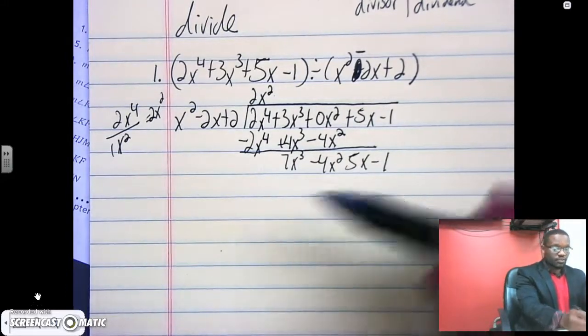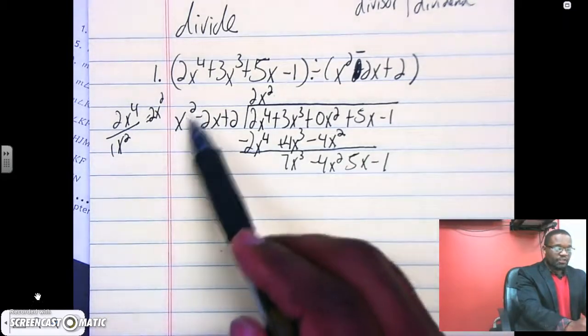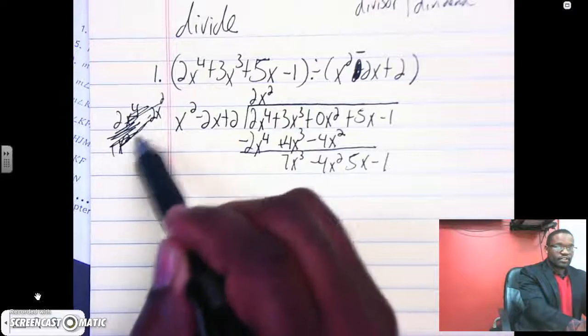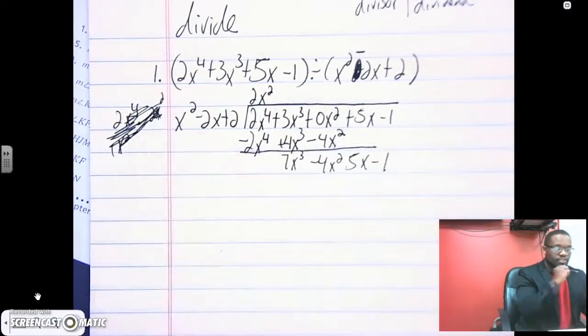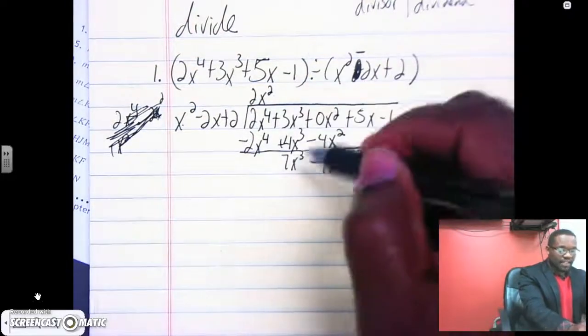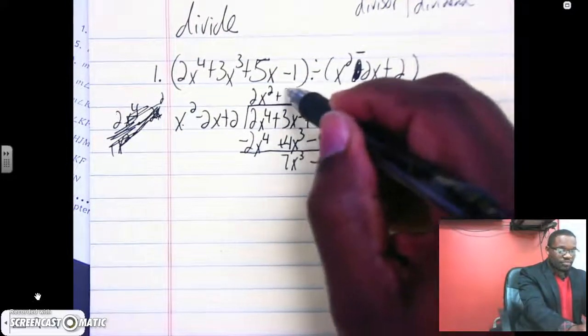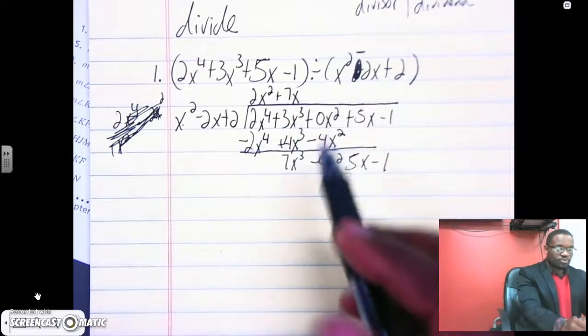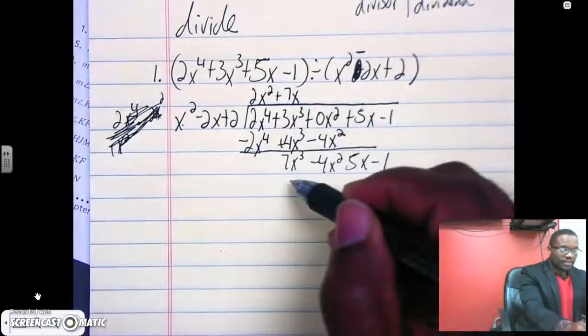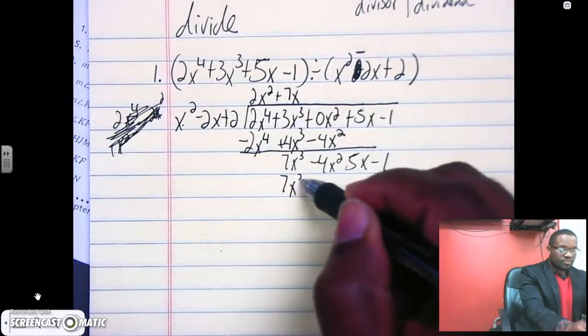What is the process? What do I multiply x squared by so it can be 7x cubed? Now over here earlier I showed you how to do that, so I'm not going to revisit that process. But I multiplied this by 7x in order for it to be 7x cubed. So 7x times x squared is 7x cubed.